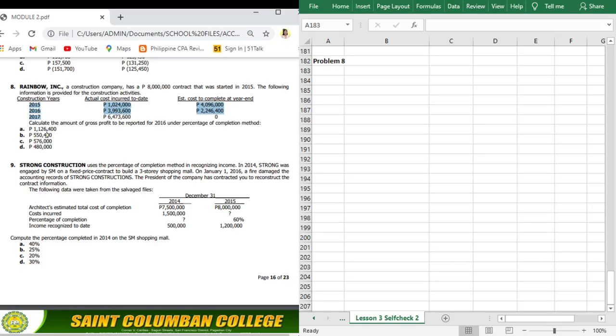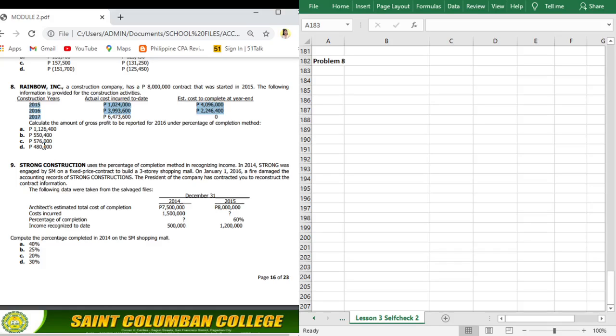So the tendency is that probably the estimate that we did in 1 year might not already be the estimate in another year, or the estimate in a year pag-abot sa next year, ani actual cost, naay possibility nga dili sila magkapareho. Now, since there is a possibility nga dili sila magkapareho, there will be changes as to our gross profit.